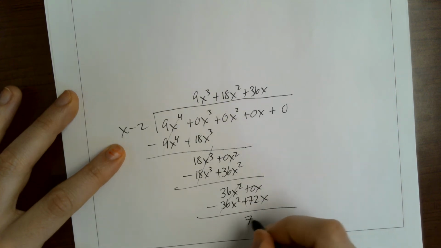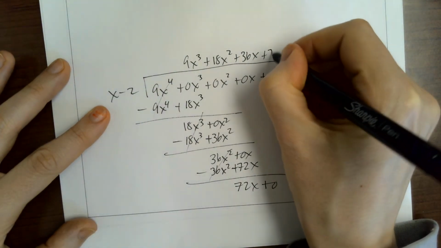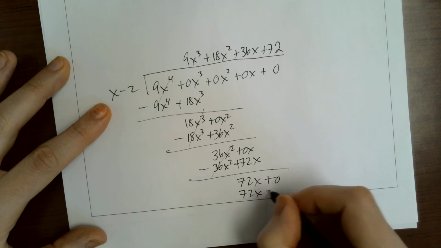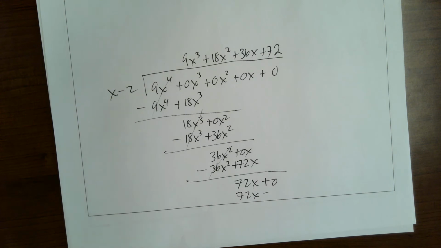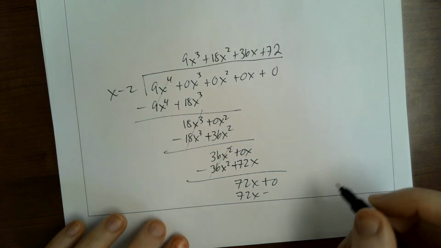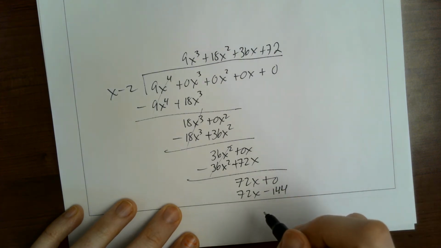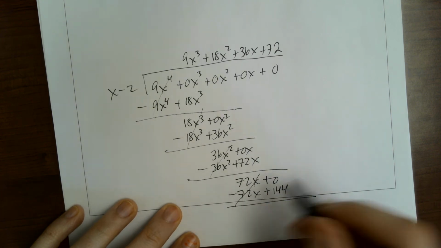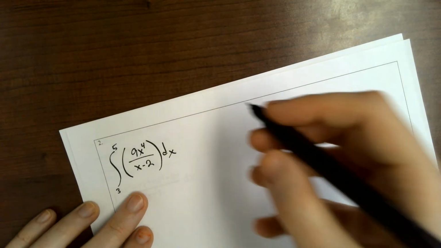Subtract, those cancel, 72x, bring down that constant, plus 72. 72x minus, oh shoot, 72 times 2. 72 times 2 is 144 minus 144. Do the subtraction. Those cancel, 144.